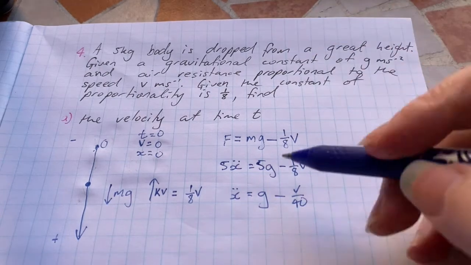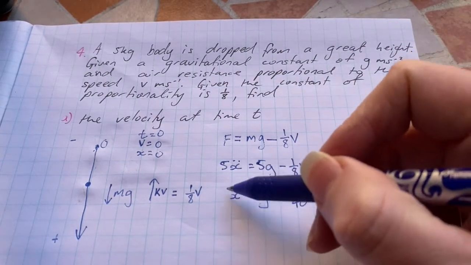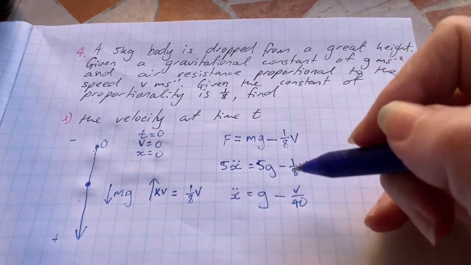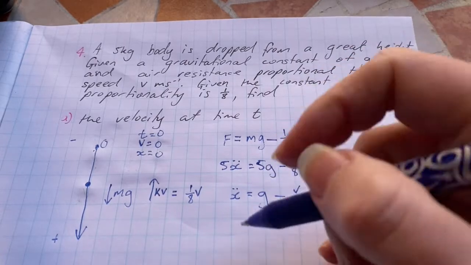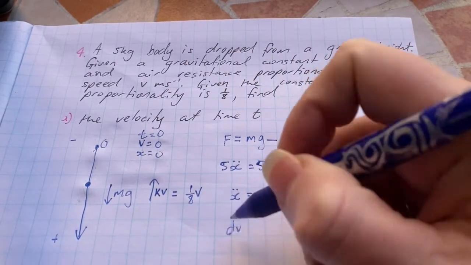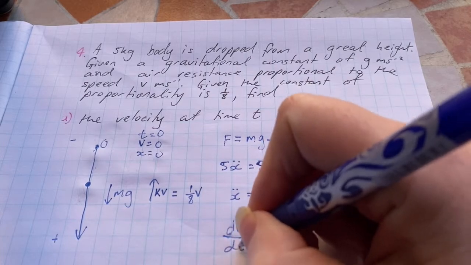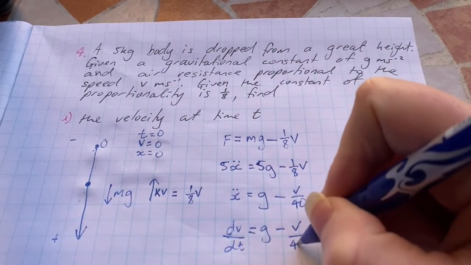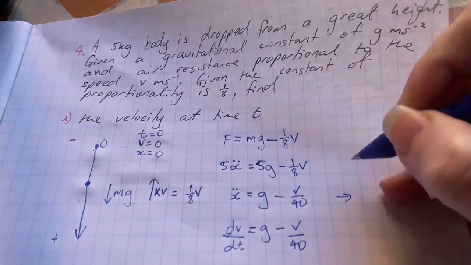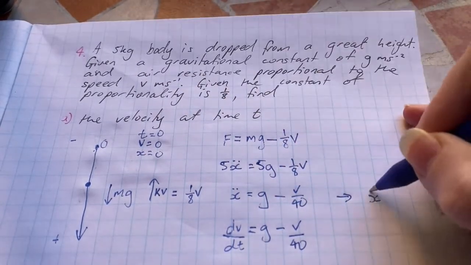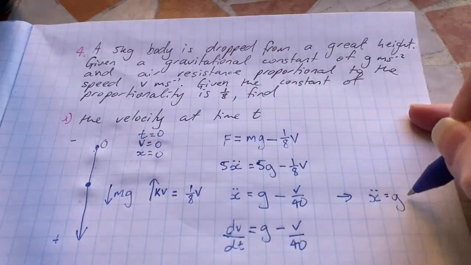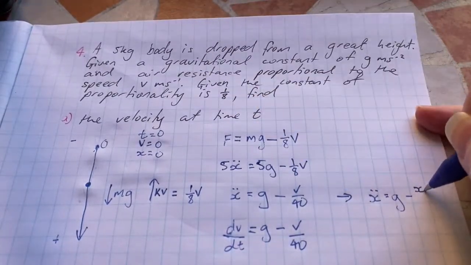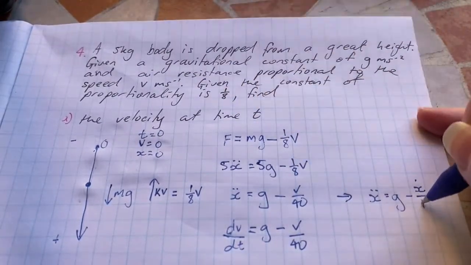Now, because this equation is in terms of v, I'm going to change my acceleration into dv dt, because we know that that's what it is. Now, just out of interest too, it would be equivalent to write this equation as, instead of v, x dot over 40.